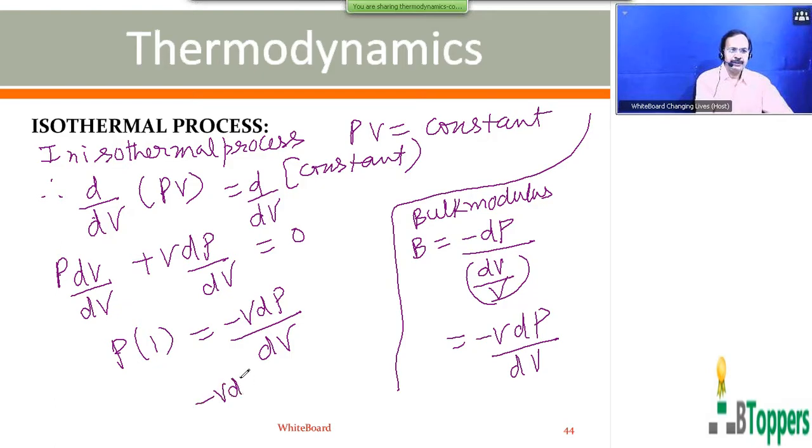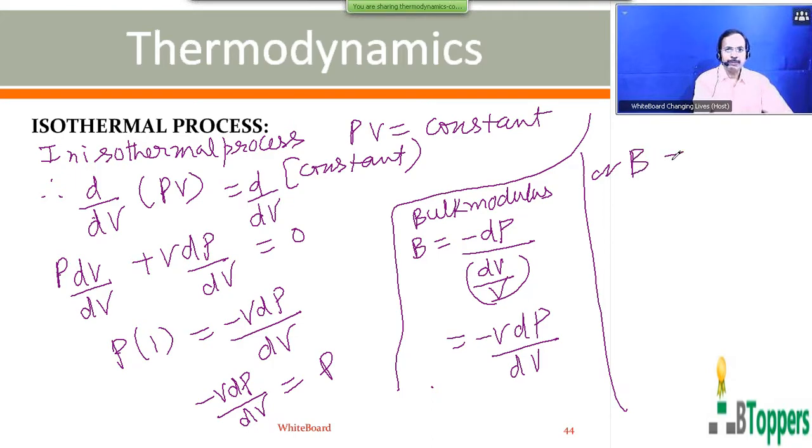Minus V dP by dV, we got as equal to the pressure P. That means the bulk modulus of elasticity of the gas in the isothermal process is the same as the pressure of the gas. It's a conclusion to remember, which you will make use of later in second year chapters when you discuss Newton's formula for velocity of sound in a gas. So in general, the bulk modulus of elasticity of a gas in the isothermal process is equal to the pressure of the gas.